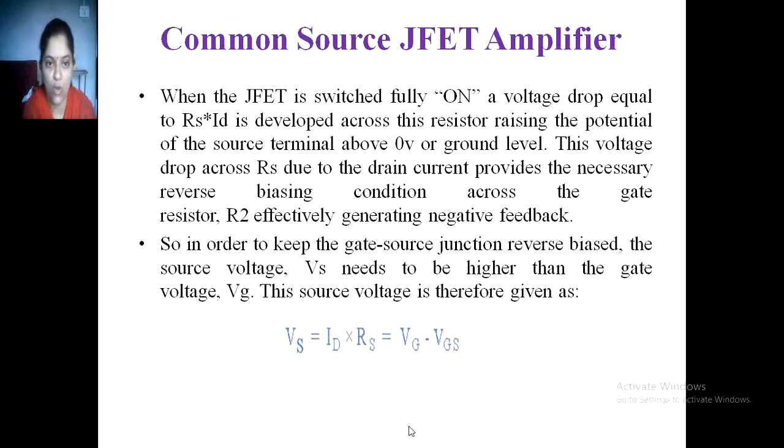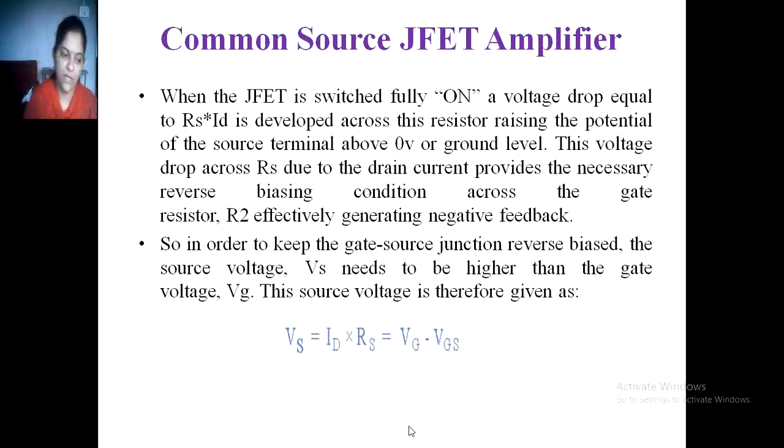This voltage drop across Rs, due to the drain current, provides the necessary reverse biasing condition across the gate resistor R2, effectively generating negative feedback.